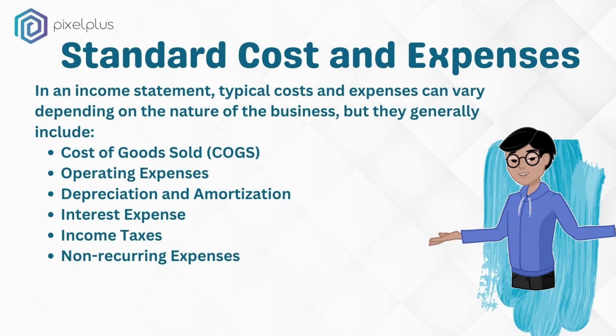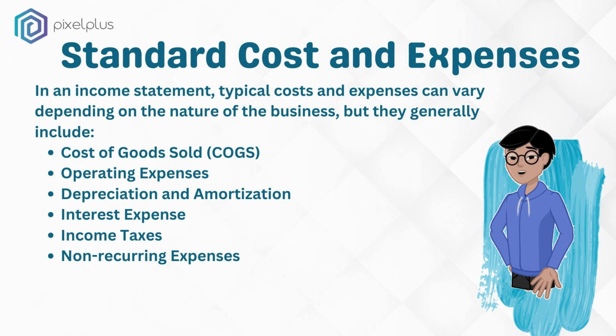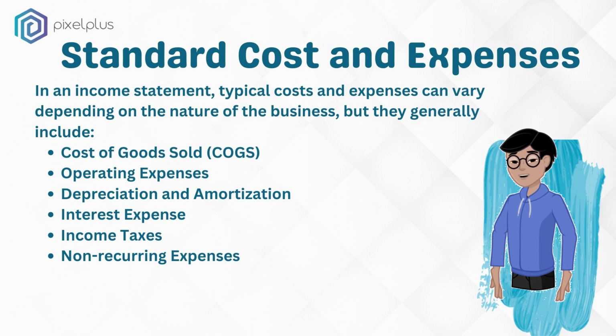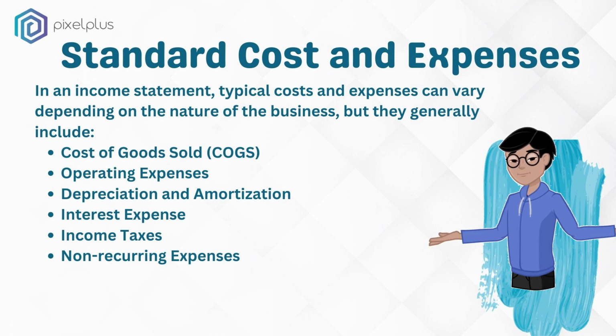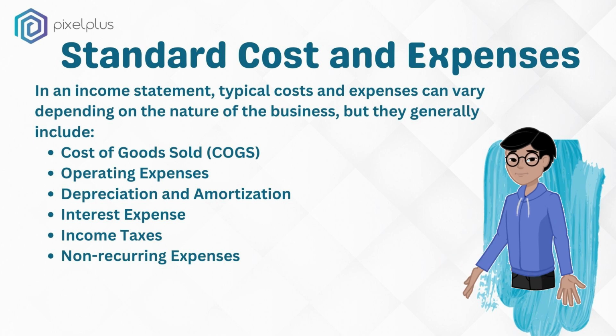This going down of value, we call the depreciation of an asset. And amortization, if the value of an asset goes up with the passage of time, we call this amortization. Interest expense is also a standard expense. Income tax and non-recurring expenses are also considered standard expenses in a business.